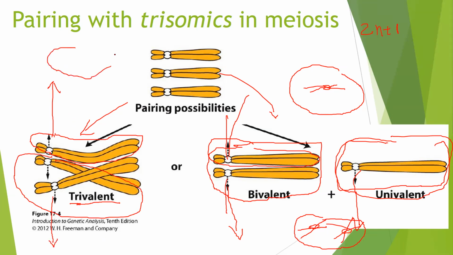So you end up with a gamete with one copy, and another gamete with two copies. So this is how the three copies of the homologous chromosomes are going to segregate in a trisomic individual, right? I hope this is clear.